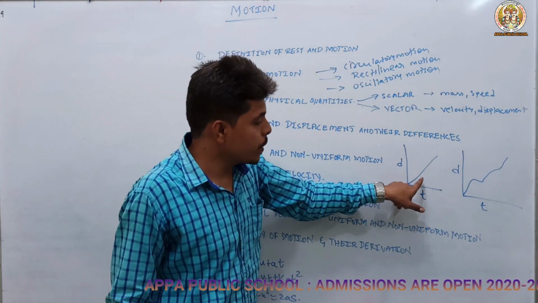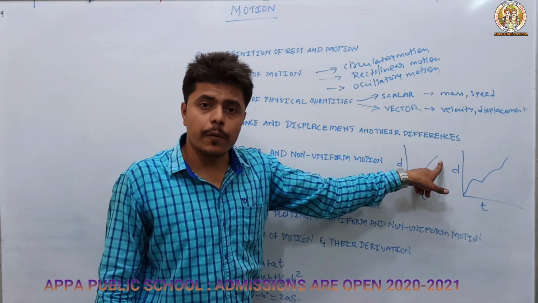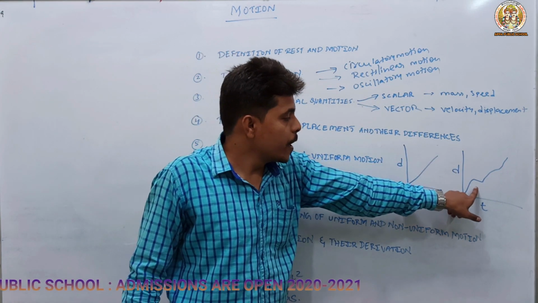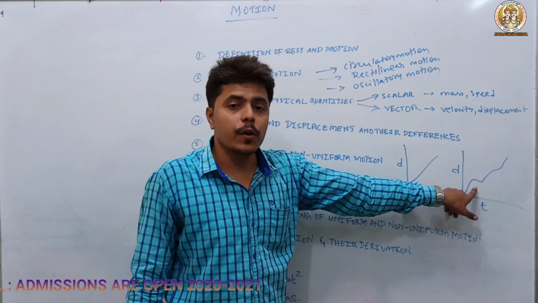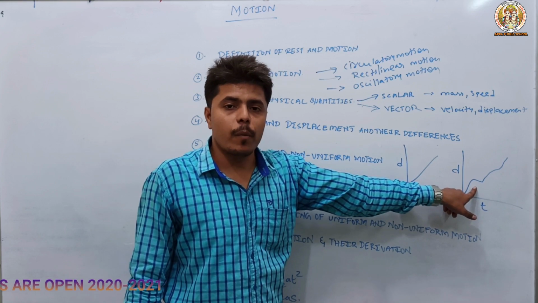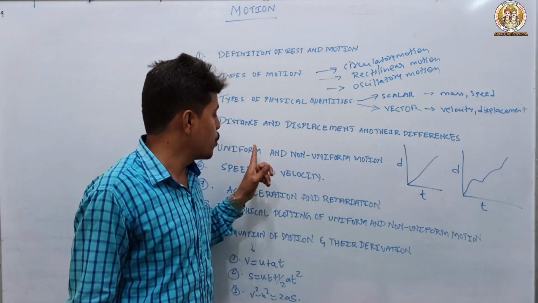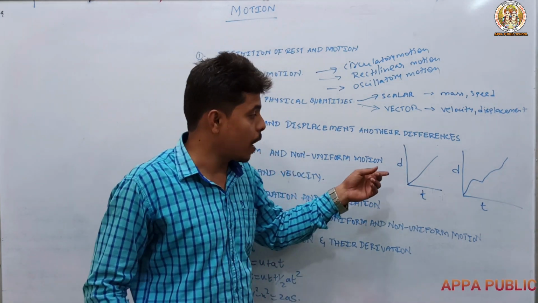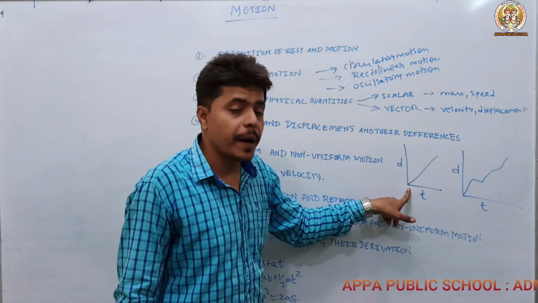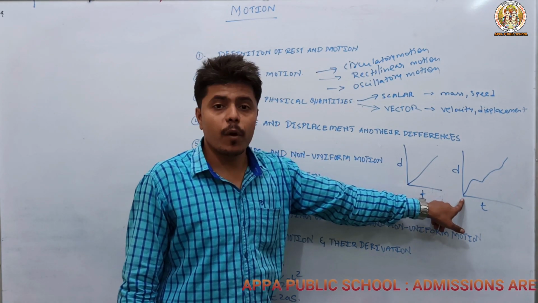Here you can see a straight line which is covering equal distance in equal interval of time. Here you can see a curved line which is showing you that the body is in non-uniform motion. This is a distance time graph for uniform motion and non-uniform motion, just a rough graph. You can understand what uniform motion is and what non-uniform motion is.